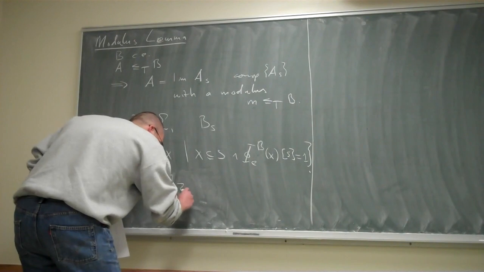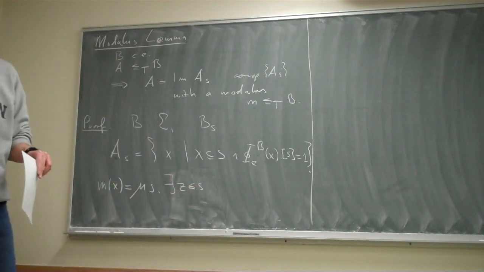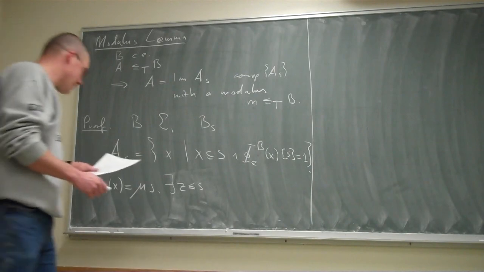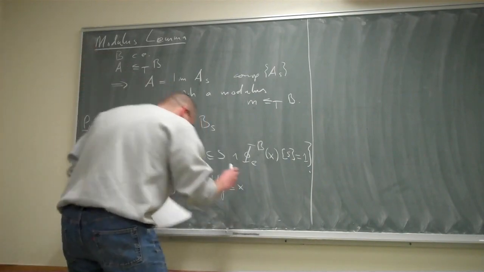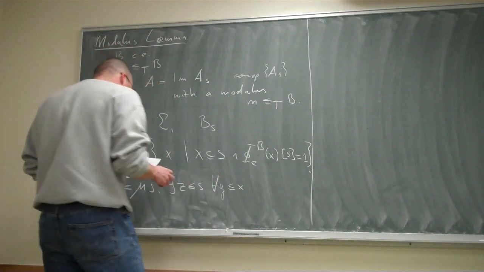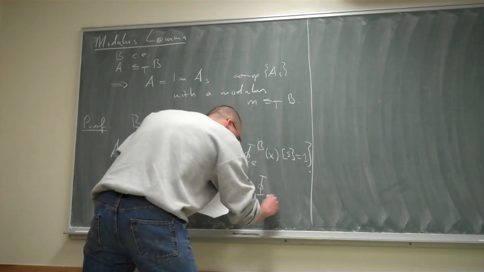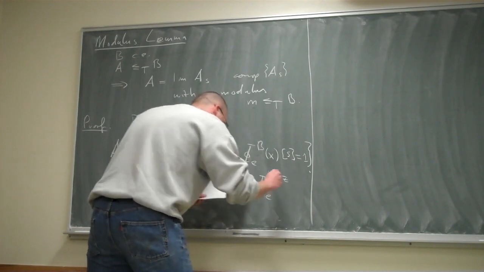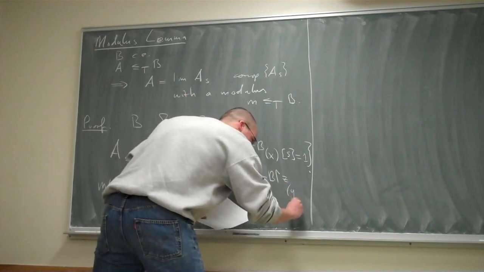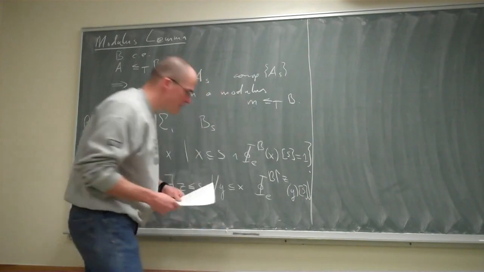there exists a z less than or equal to s. The z is going to be the use of the computation, such that for all y less than or equal to x, we have that phi_e of B restricted to z, of y, in s steps converges. Right?